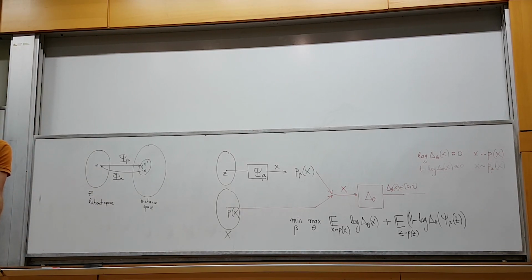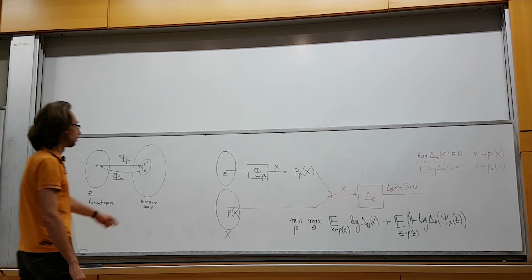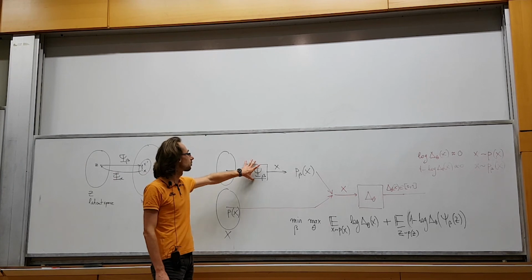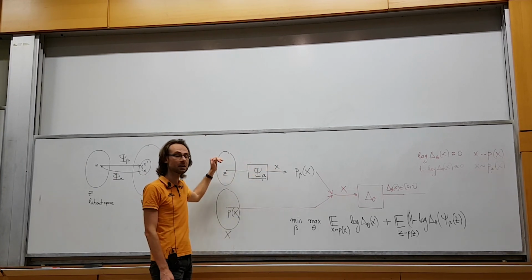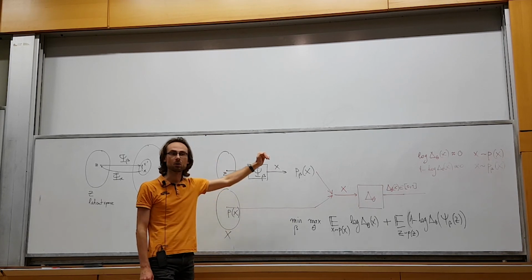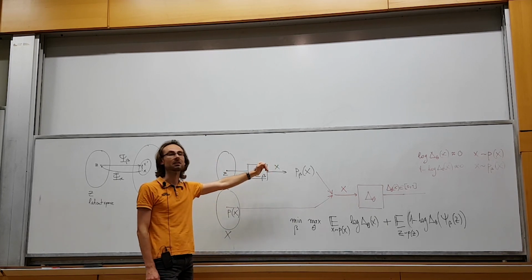Question? Can you please remind again the bigger picture? I mean, why are we doing this optimization? Why are we extra training our decoder? So again, we are interested in producing something that looks like data. We are interested in building a model from which you can sample instances, right?